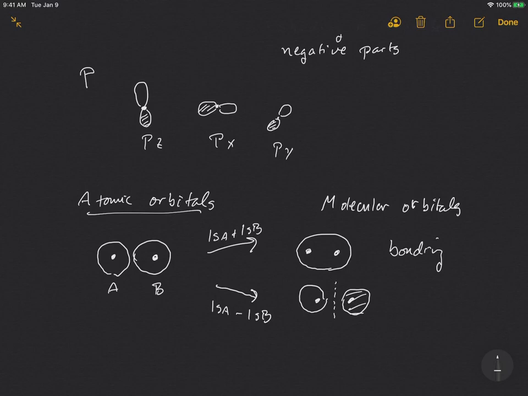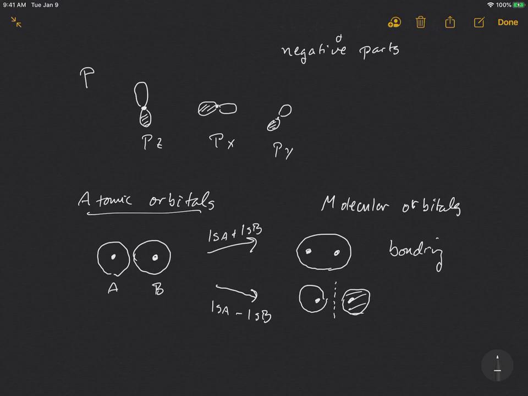Although that's not a physical force pushing it away, it's just the fact that the symmetry of the wave function, constructive and destructive interference, gives rise to this reduced electron density in between the two nuclei, as indicated by the nodal plane, as indicated by the fact that the probability density is skewed to either side of the nucleus.